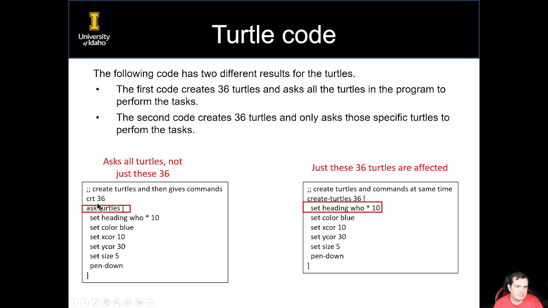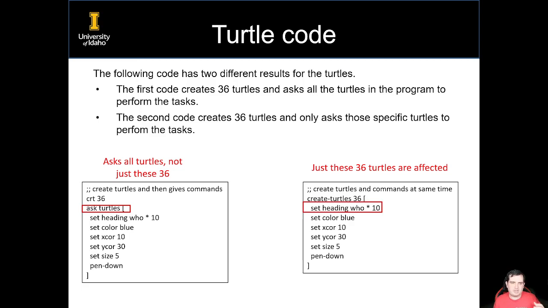This one on the left, you can imagine, what if we created 36 turtles up here as well before we created these 36? This would talk to all 72 of them. Yeah, 72. So it'd be based off of all 72 of them. Versus this one on the right, which just has those specific 36 selected.